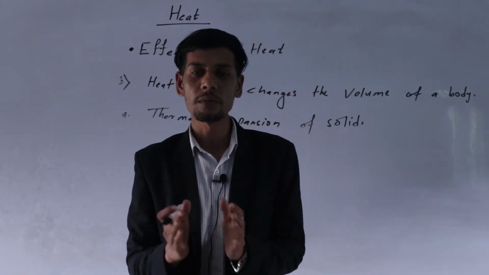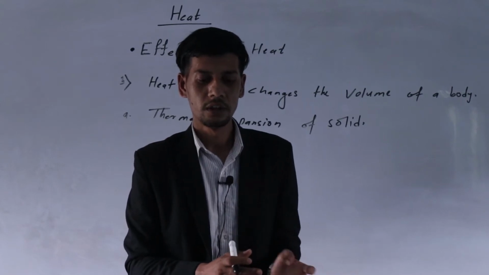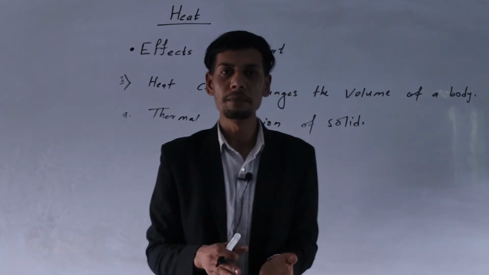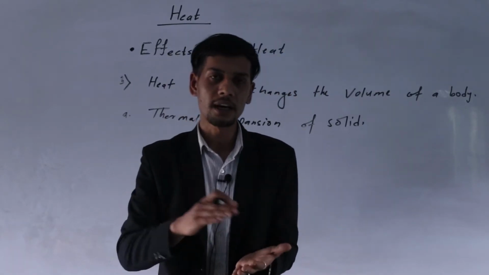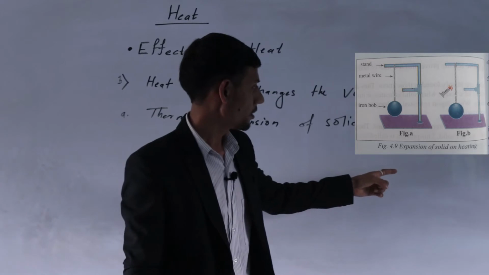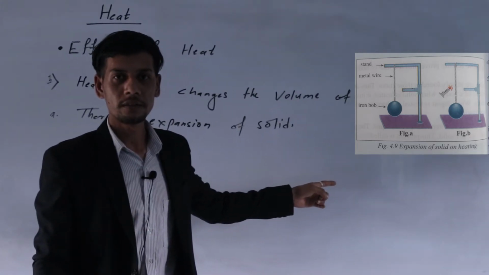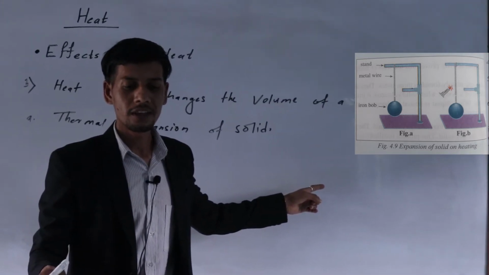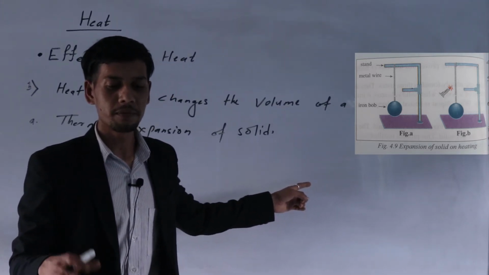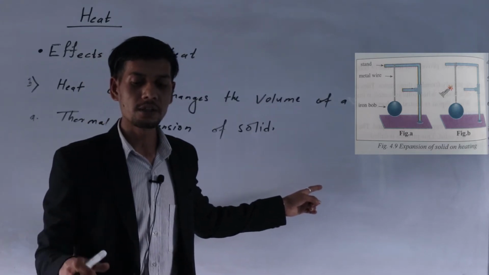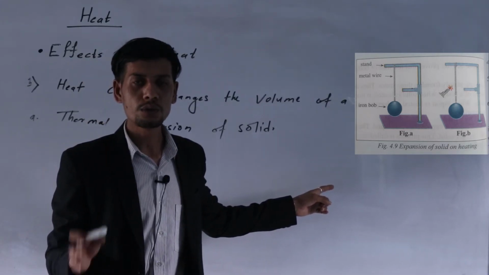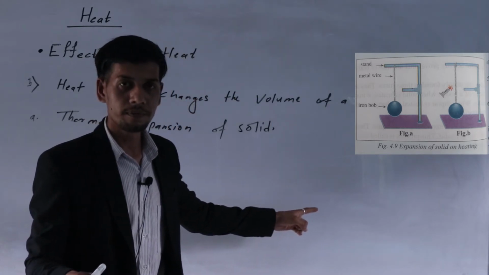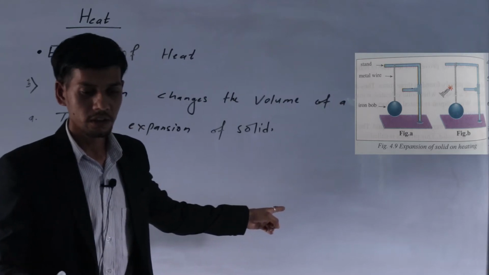The first step is to tie the bulb with a metallic wire, as shown in the figure. Hang it on the stand, leaving a minimum gap to the floor, as shown in the figure.